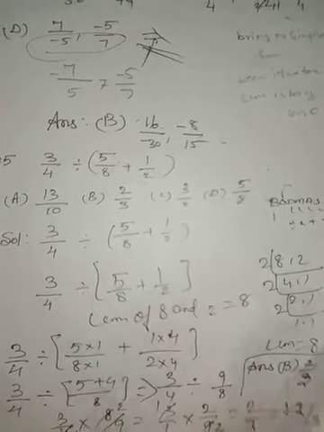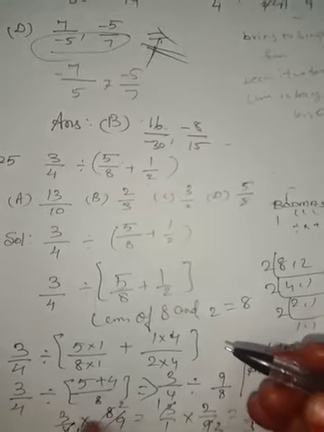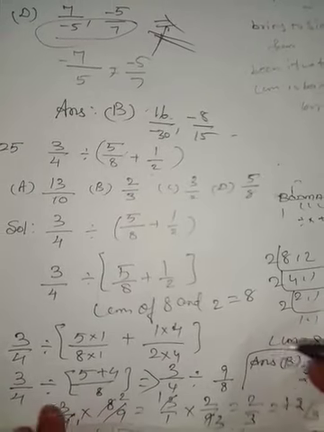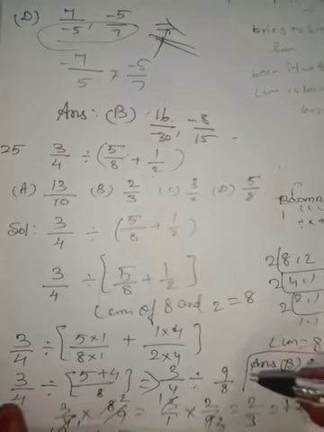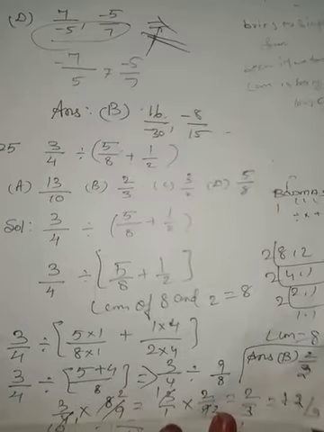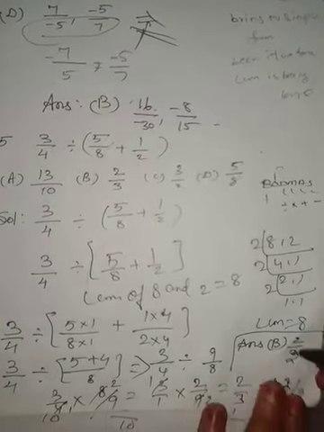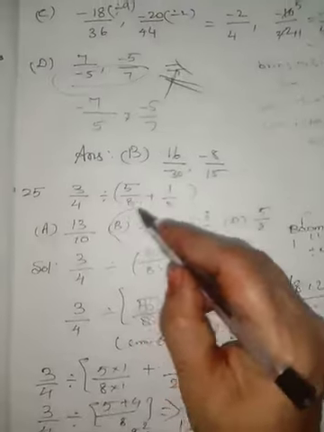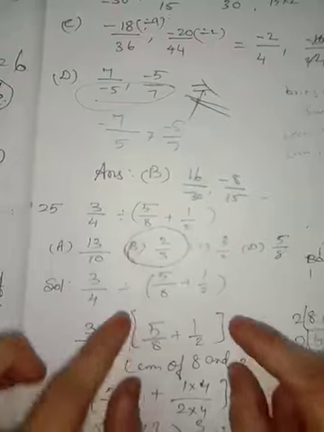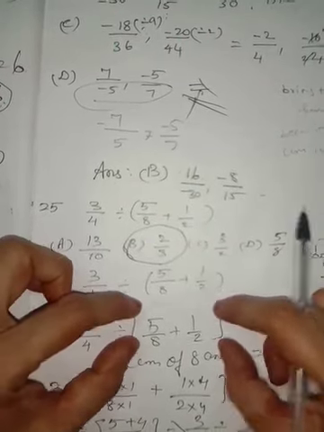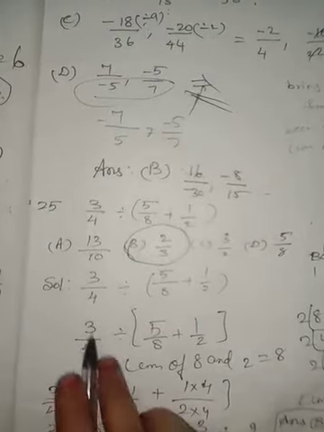To simplify this, we get 5 by 8 plus 4 by 8, 9 by 8, and to simplify this, 3 by 4 divided by 9 by 8, we get 2 by 3. So option B, 2 by 3 is the correct answer. So when they give a bracket, we must solve the bracket first and then divide 3 by 4.